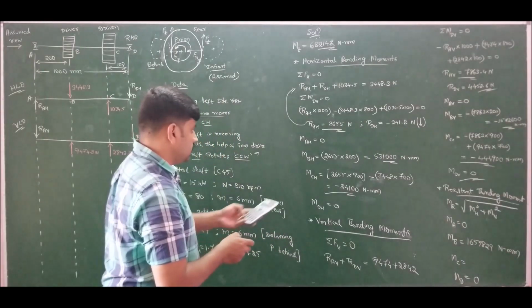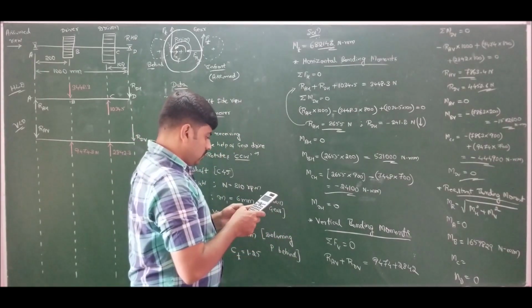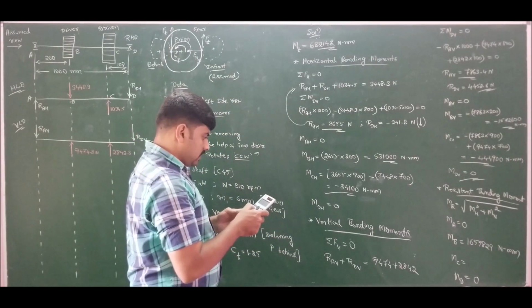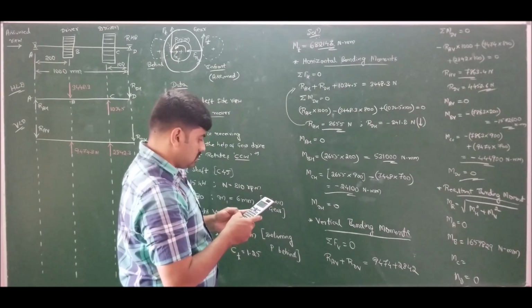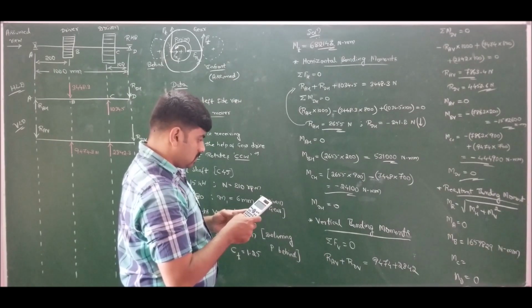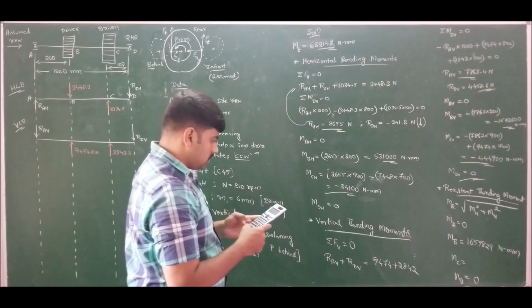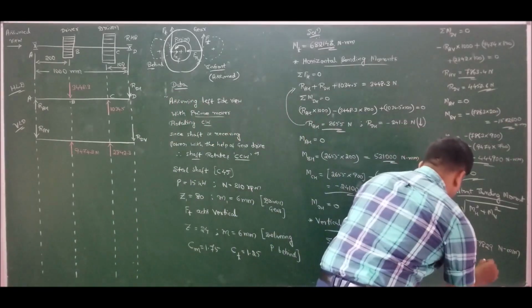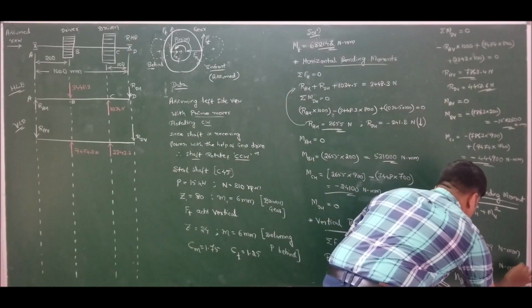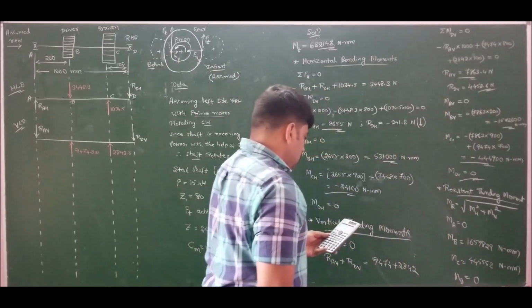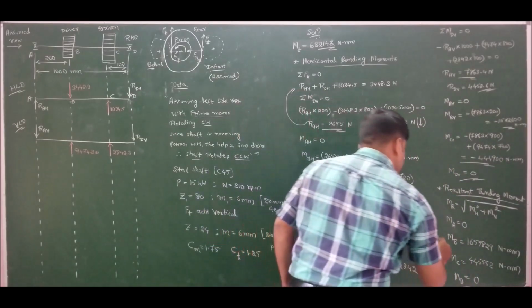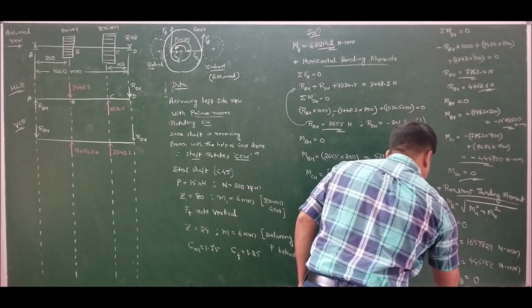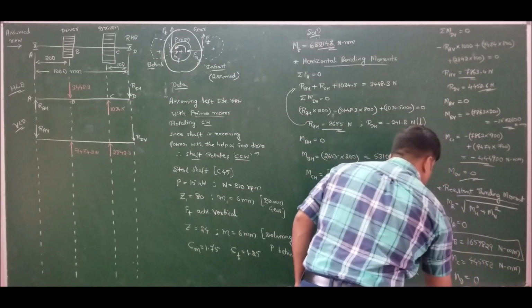Coming for C, it is root of 241,000 square plus 444,900 square which is 444552. So if I compare, the maximum bending moment is at point B. So this is what I require.